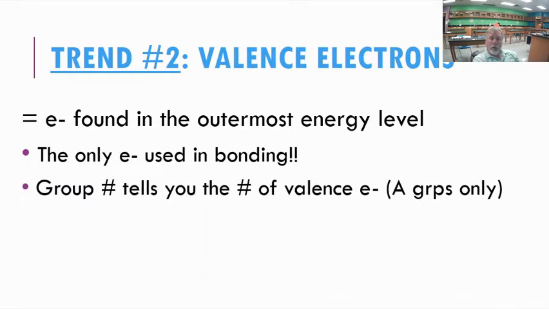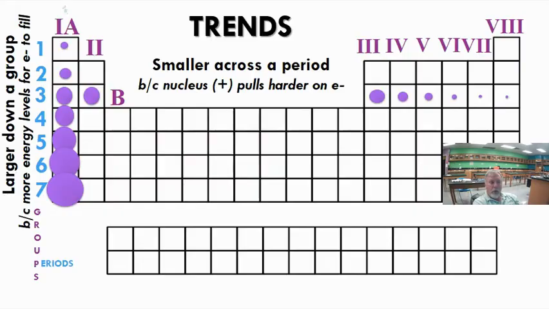Now, our group number tells us the number of valence electrons. My note there only works for groups that are in the A part of the periodic table. The B part of the periodic table was that middle part here. So that trend doesn't necessarily fit there.